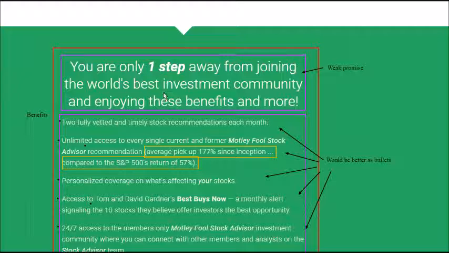If you get someone to feel like they're part of a group, that they're labeled as, in this case, members of Motley Fool Stock Advisor, and that gives them some sort of prestige or some sort of social stature, then that will increase their desire. They want to be in that crowd. But this isn't doing a good job of that.